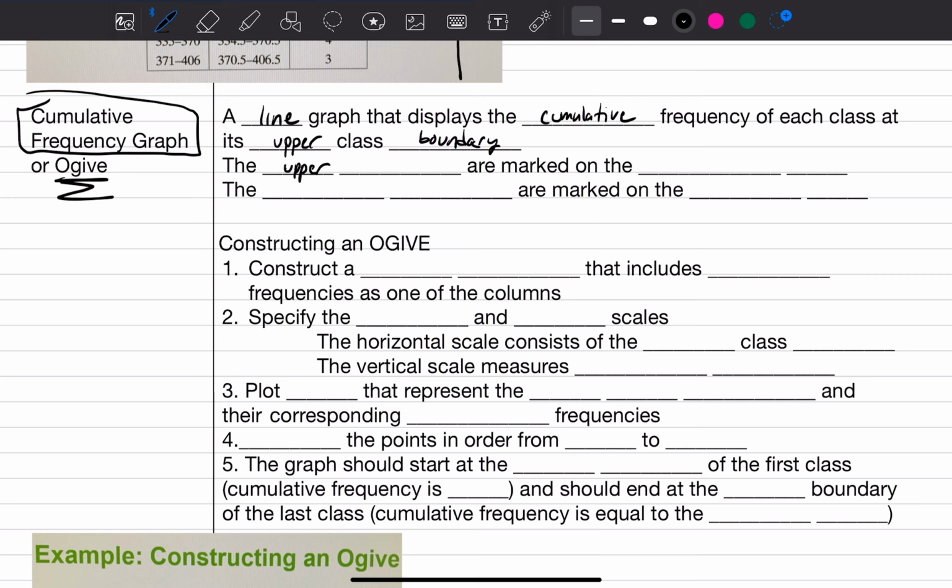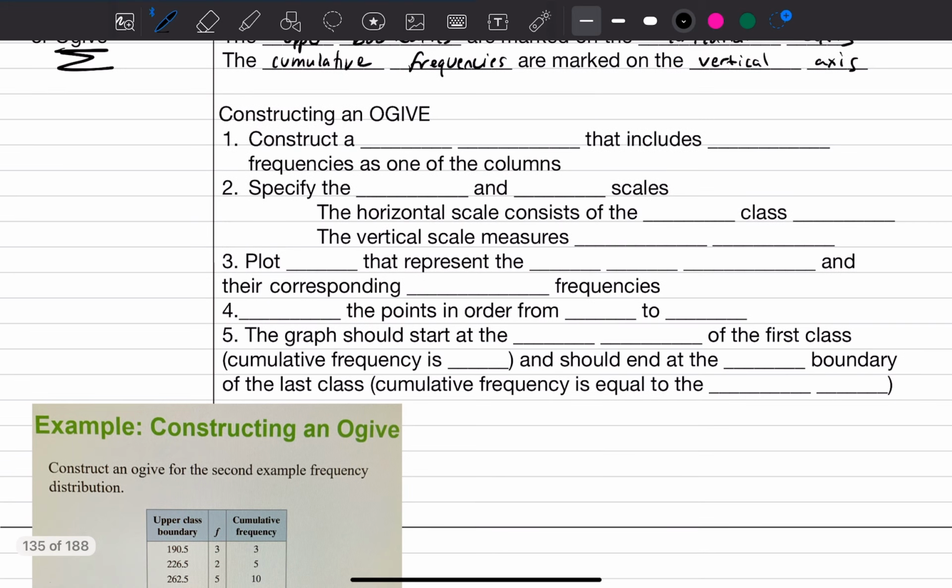The upper boundaries are marked on the horizontal axis. So the x-axis. The cumulative frequencies are marked on the vertical axis.